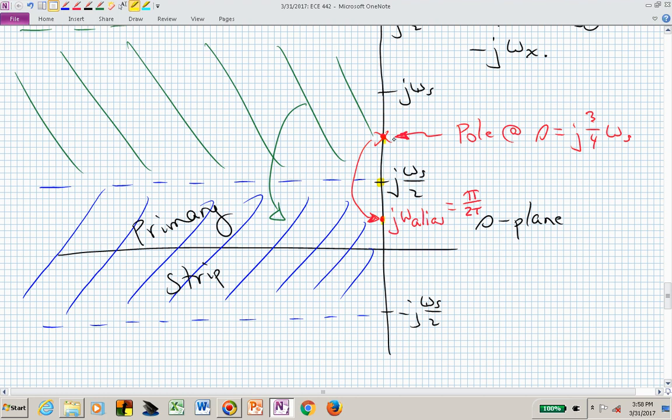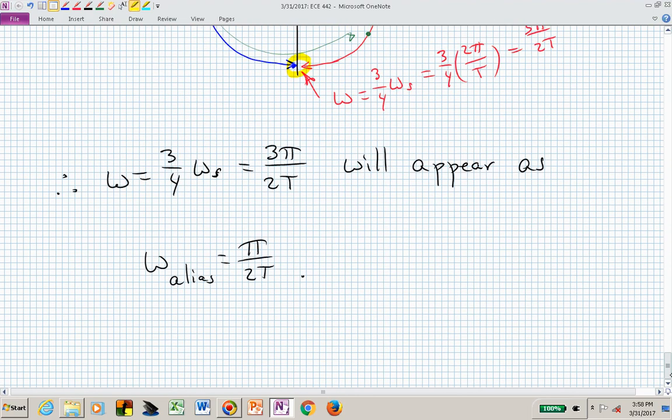Anything beyond that, if we simply fold our paper, then wherever that folded value gets located in this primary strip is what it will appear as, an aliased frequency in the sampled waveform. And I hope that now helps explain this connection between the sampling frequency, the Nyquist frequency, which is omega sub s over 2, and this concept known as aliasing.